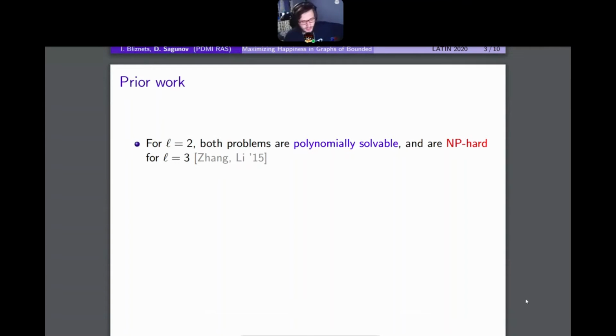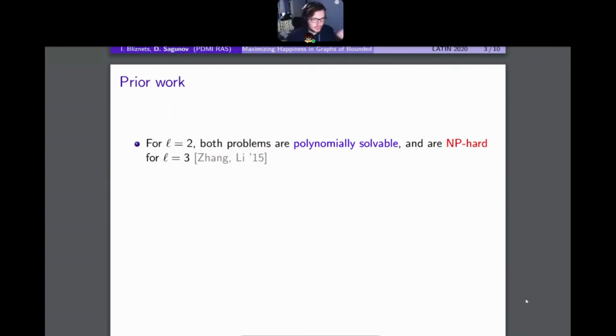For happy edges, it is quite easy. For happy vertices, it's not quite as easy as for edges, but it works. On the other hand, they proved that if you have three colors or more, both problems become NP-hard.